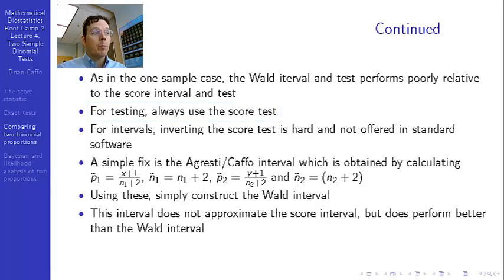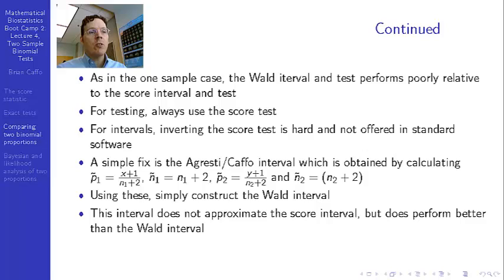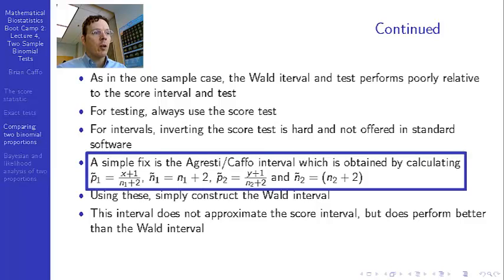That's easy. For intervals, inverting the score test is hard, and it's not in standard software. So our simple fix that we propose in an American Statistician paper is to add one success and one failure in each group.